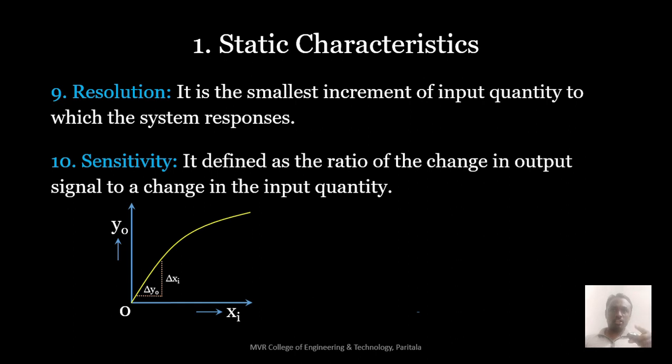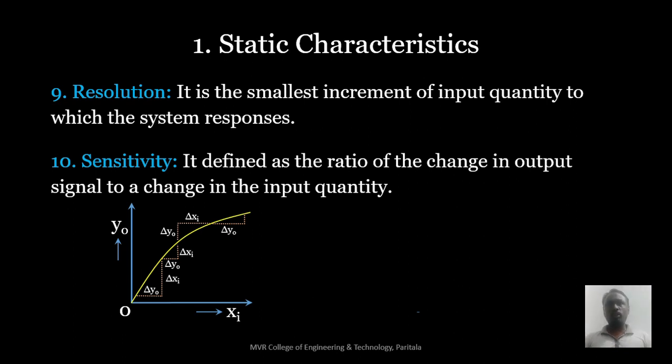Here in this range the graph is almost linear, so in this range it will have a certain ratio. In this range it has another ratio, and in this range it also has another ratio.